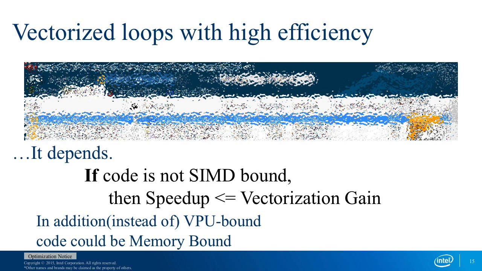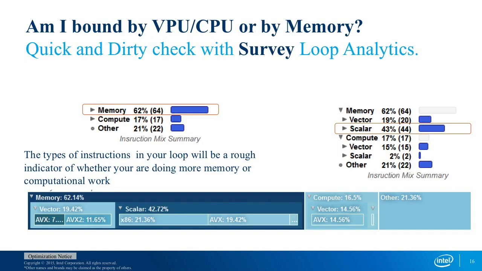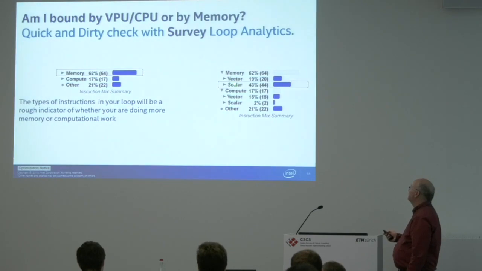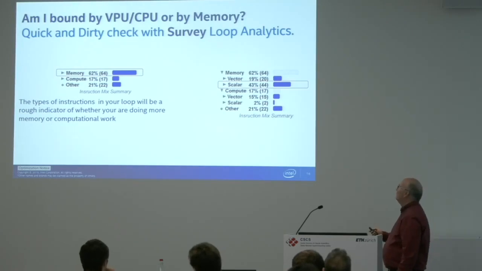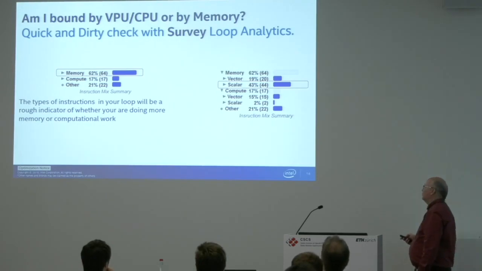So this is another thing you have to take into account. This is the survey loop analytics with the instruction mix. And you can click on the memory, for example, to see how this unfolds, and it tells you here that 90% is vector memory operations, and the rest is scalar operations.